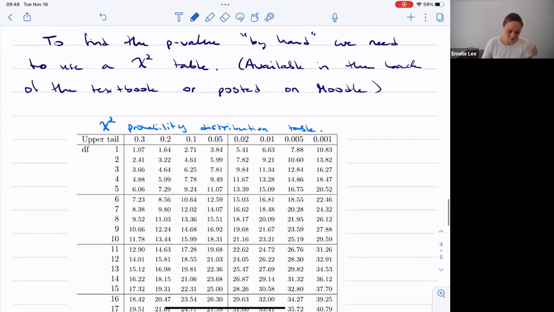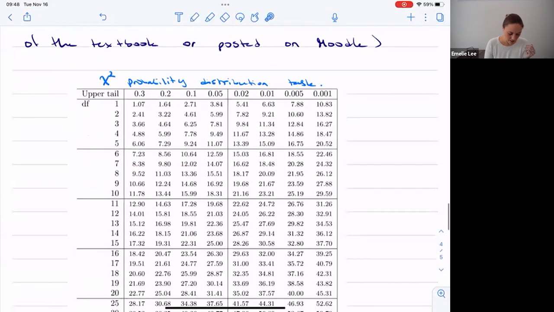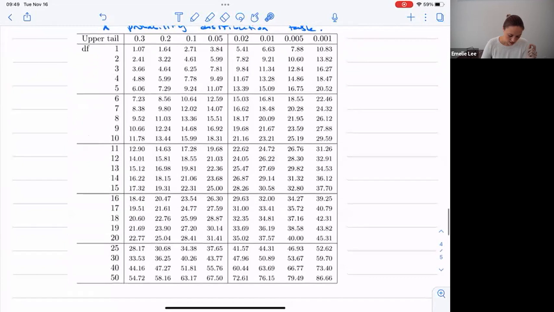So if we look at this table, we see that we need the degrees of freedom. The degrees of freedom are going to be increasing from 1, and eventually it'll start skipping around. But we've got pretty good coverage from 1, 2, 3, 4, 5, 6, 7, 8, 9, 10, 11, 12, 13, 14, 15, 16, 17, 18, 19, 20.